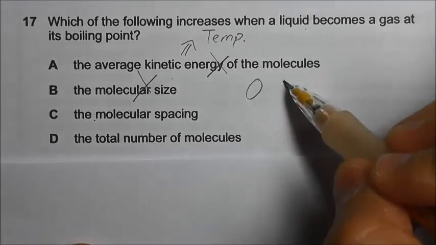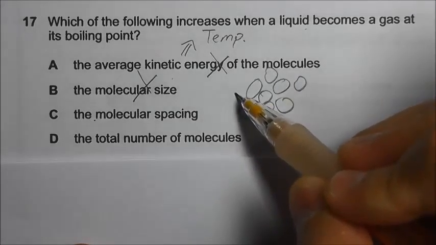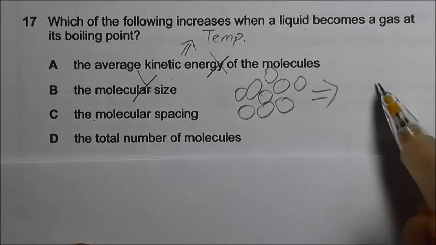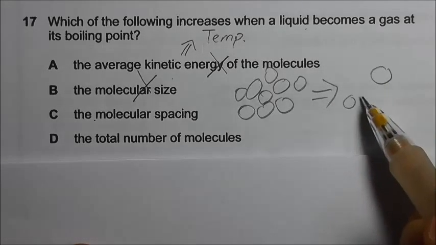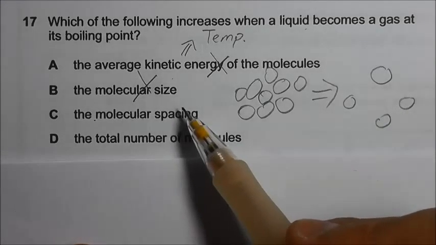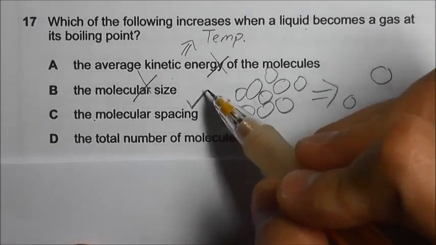It should look something like this. At liquid, right, the molecules, they are close together, and to become gas they have to be far apart from each other, so the molecular spacing has to increase. So this is the correct answer.